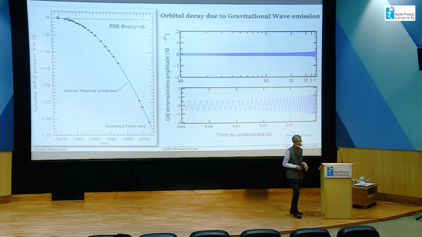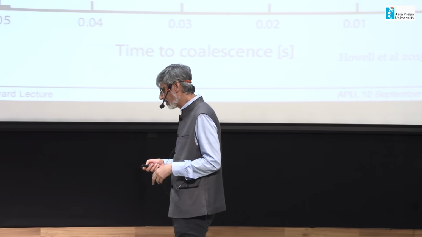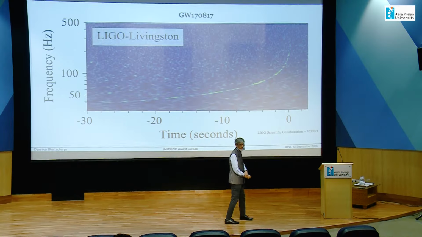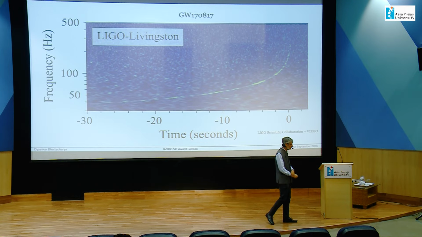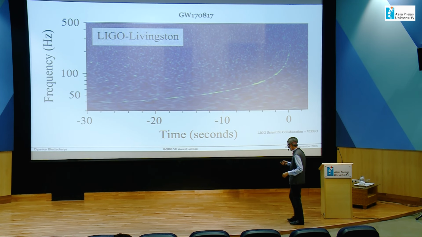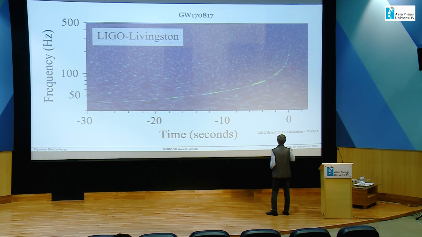But finally, on 2017, August 17th, we had a detection of the merger of two neutron stars. And this chirp waveform, this frequency as a function of time, and this is where the merger occurs, follows exactly the prediction as I showed before.